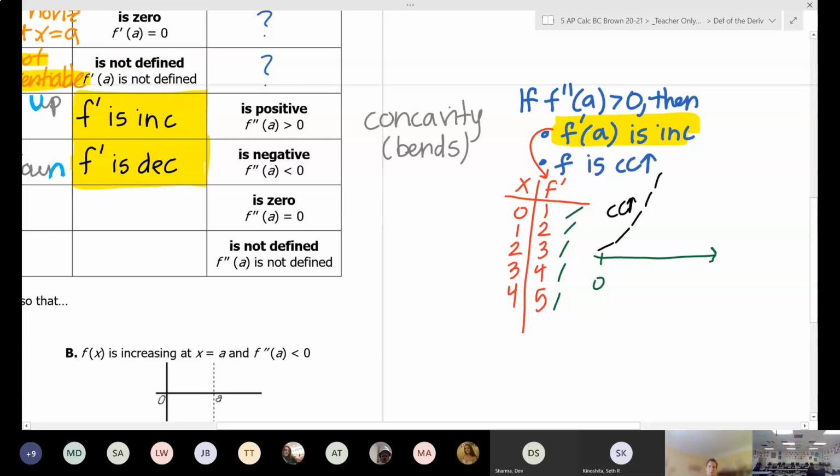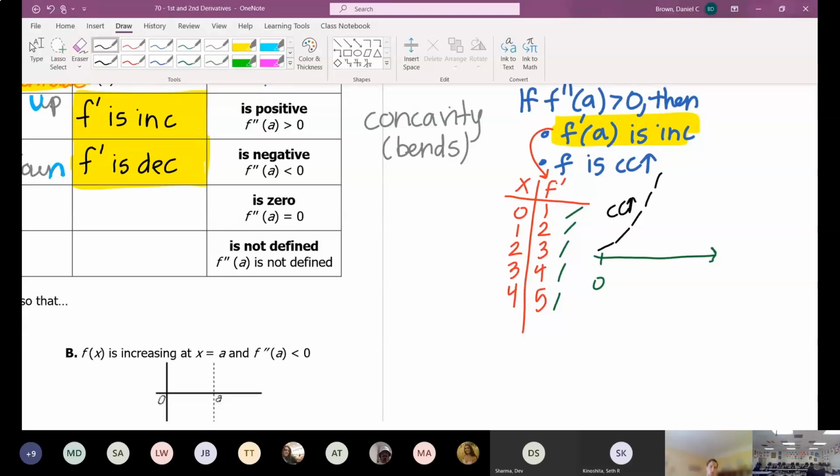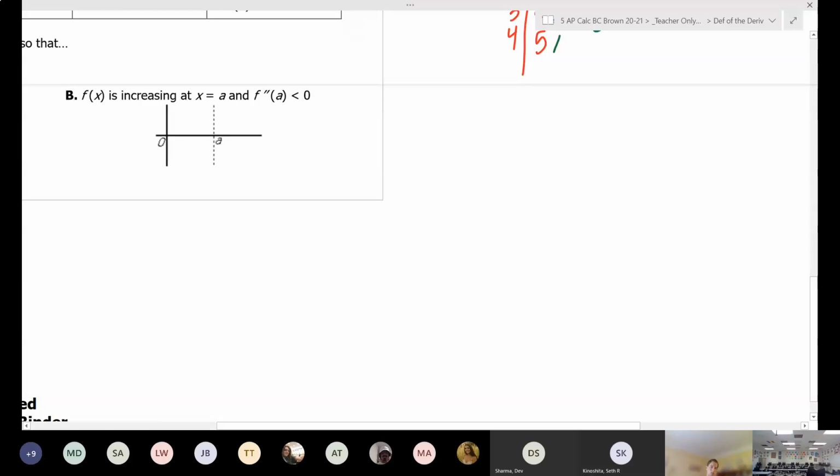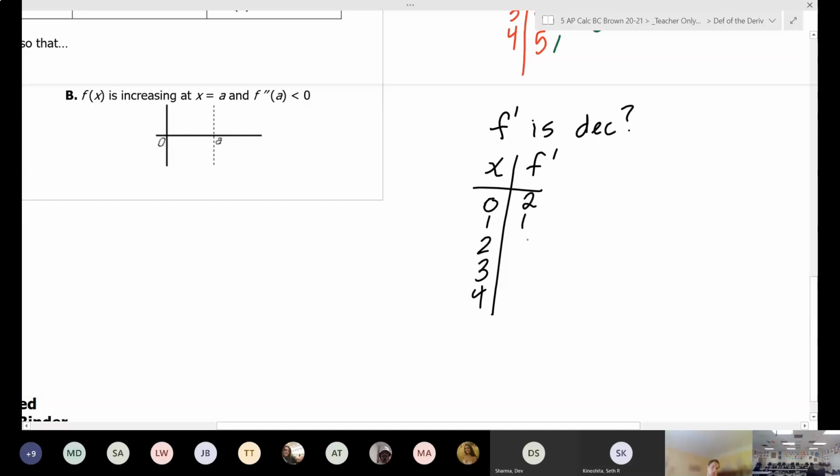Same thing if I say that f prime is decreasing. So if I want to think of some decreasing derivatives, just to give you a visual, if I have x and f prime, and just to show you it works if I deal with negatives as well, I start off with a slope of 2, 1, 0, -1, -2.